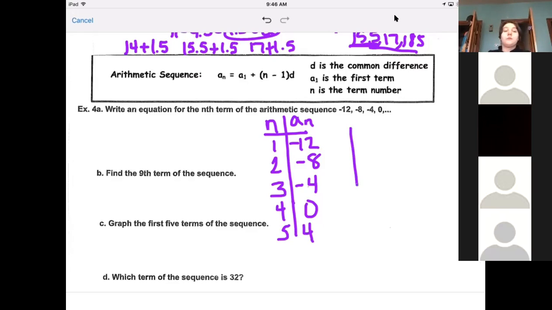So to graph this, I have 1, negative 12 way down here. 2, negative 8. 3, negative 4. 4, 0. And then 5, 4. You guys, it looks like a linear line, but it's not. Do you know why it's not?